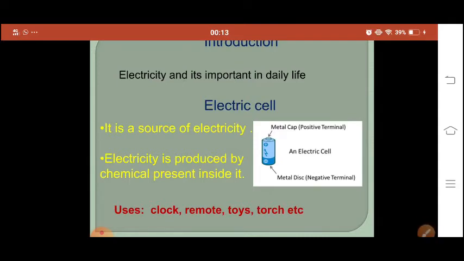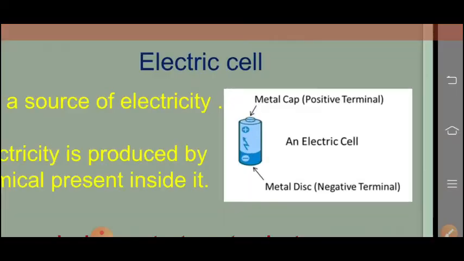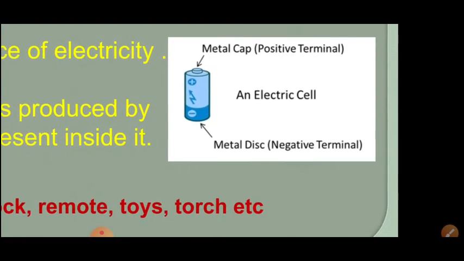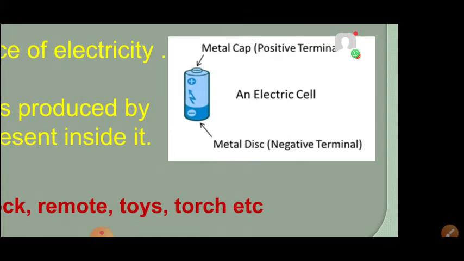If you observe a cell, you might observe that it has one top cap. It is called the mantle, and where this top cap is, that terminal is known as the positive terminal. And on the opposite side of that positive terminal, definitely it is the negative terminal.